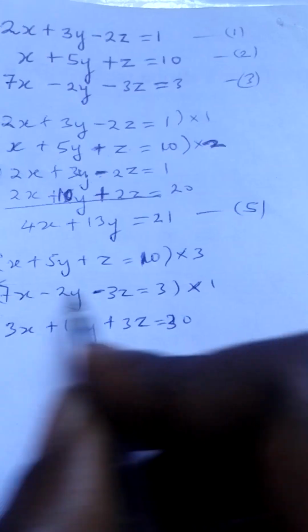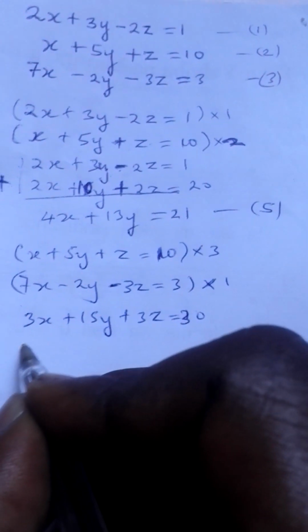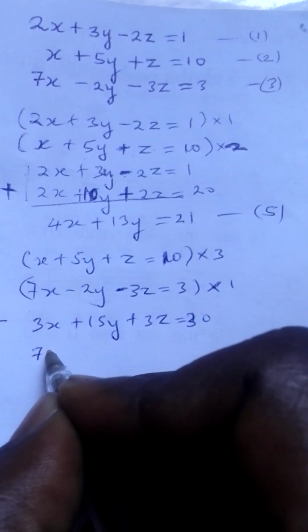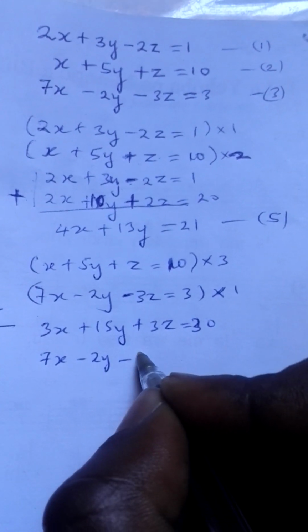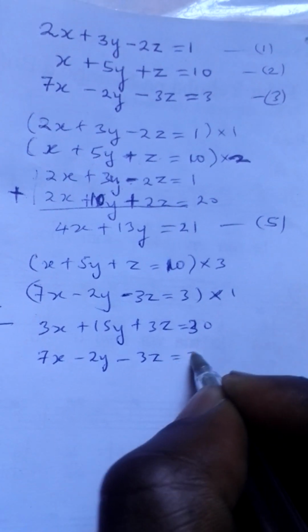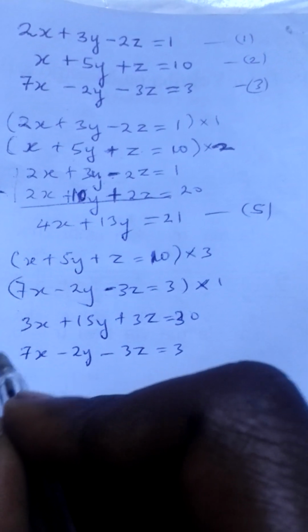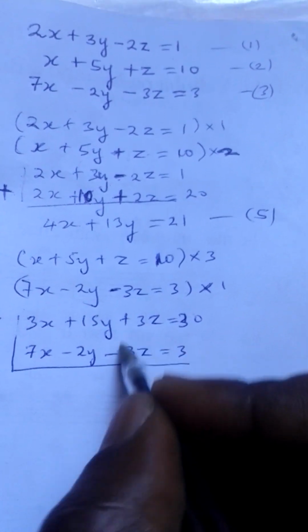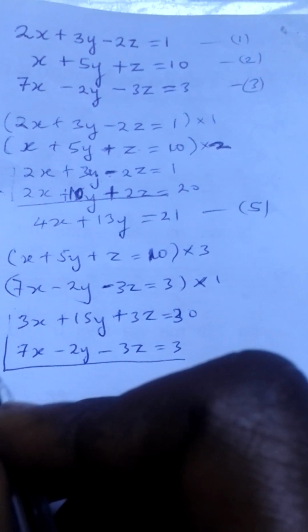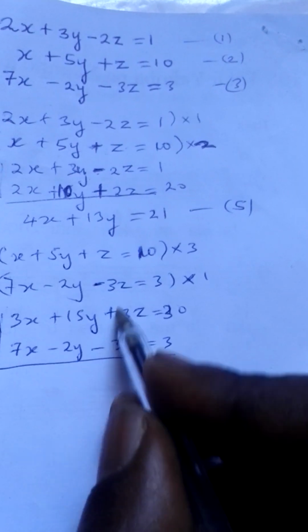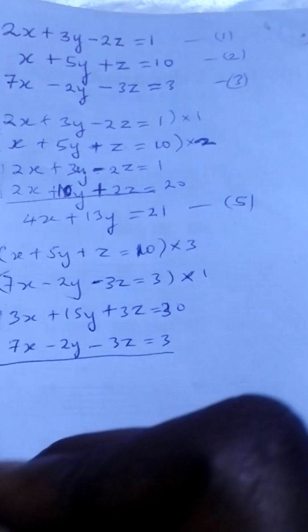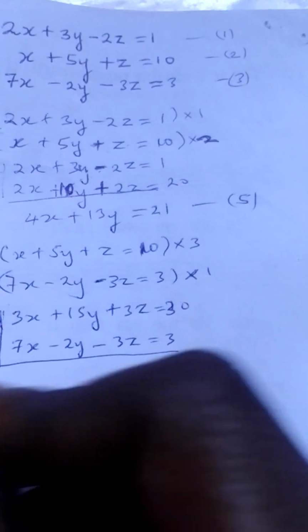Equation 3 remains the way it is because it's being multiplied by 1, so this is 7x minus 2y minus 3z equals 3. Since the signs are different, all we have to do is add. But if the signs were the same, we would have to subtract. So in this case we add.